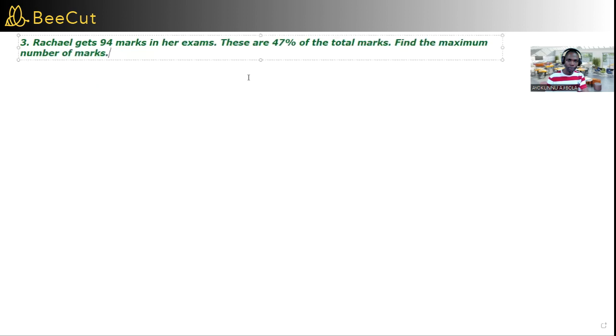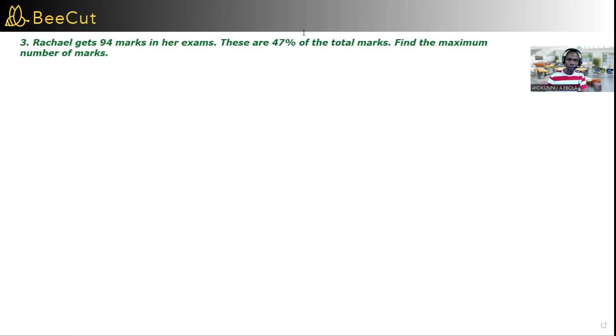Question 3. Here is question 3. Rachel got 94 marks in her exam, and this 94 happens to be 47% of the total marks. So you have to find the maximum marks.